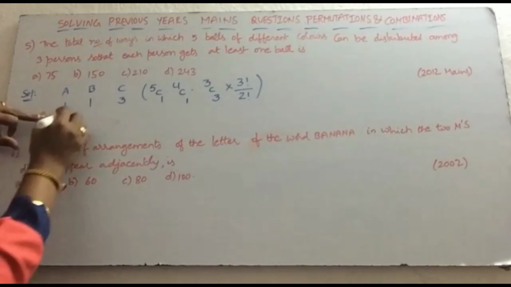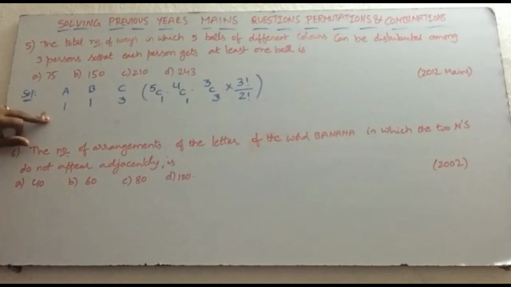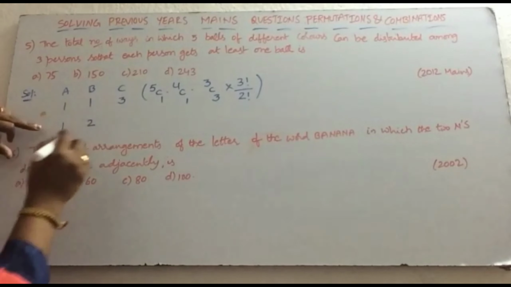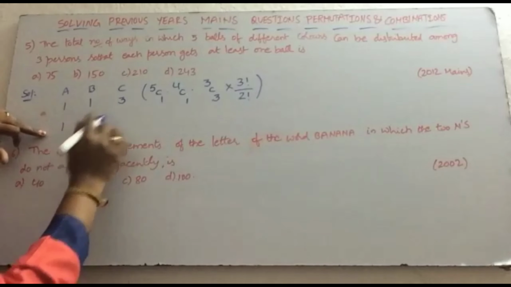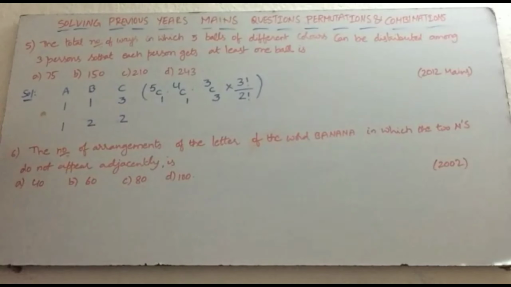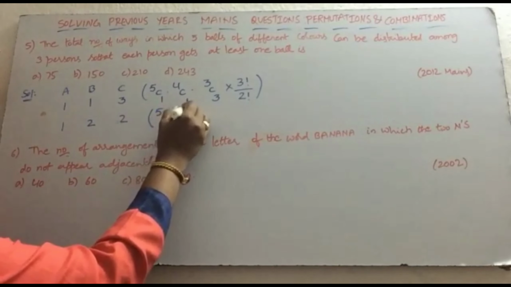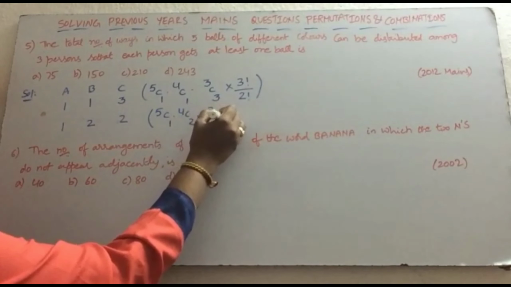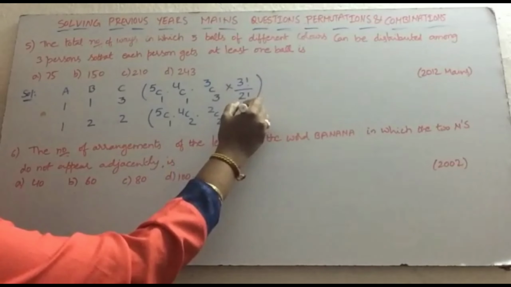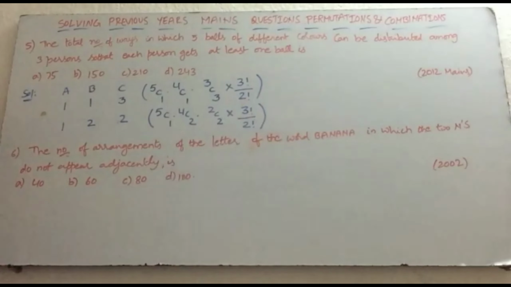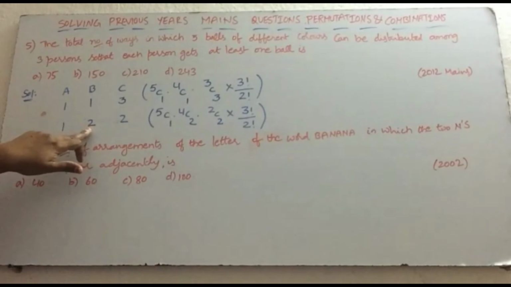For another case, if we give 1 ball to A, 2 balls to B and 2 balls to C, for this we will write 5C1 into 4C2 into 2C2 into 3 factorial by 2 factorial, since these 2 balls can be given to A also, C also and B also.